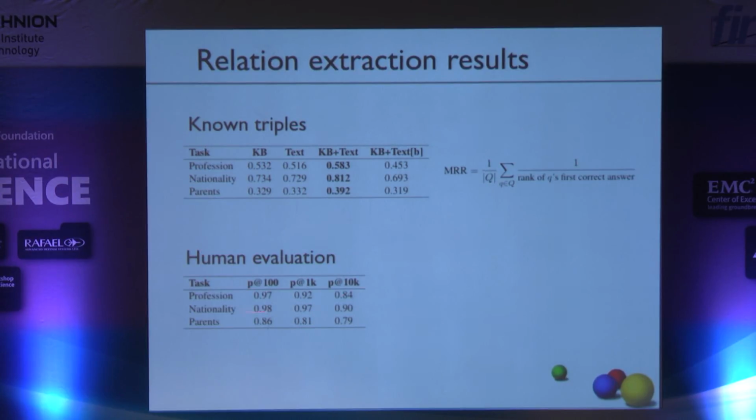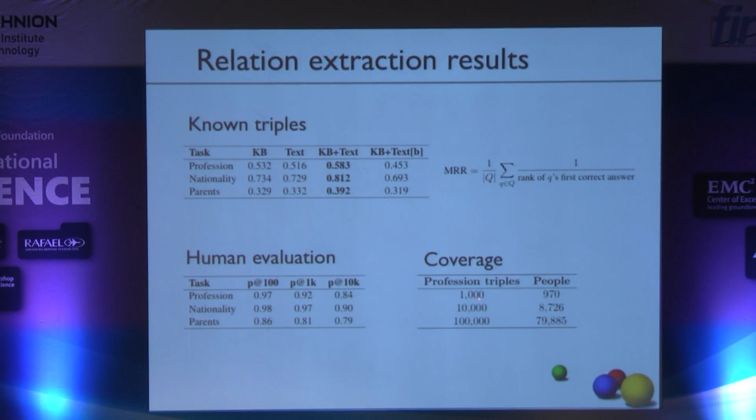So if you do a human eval, the precision is quite high for profession. It's actually high enough to go directly into the knowledge graph. It passes the quality standards, and in fact, things that we've done along these lines have gone in. For nationality, also, we can get very good results. For parents, not good enough for prime time. And the other thing which is interesting is coverage.